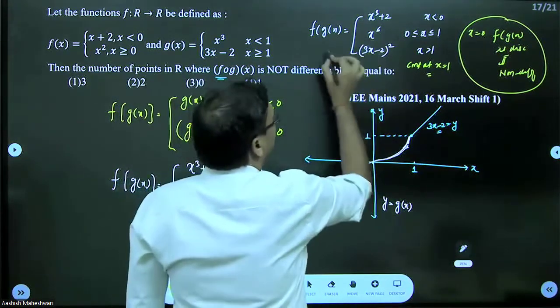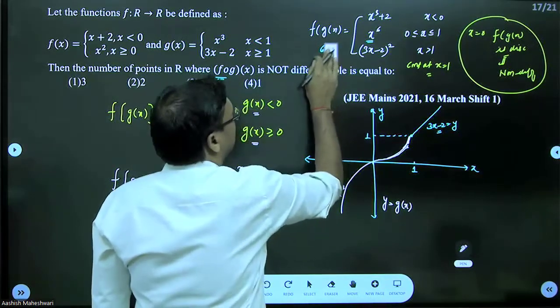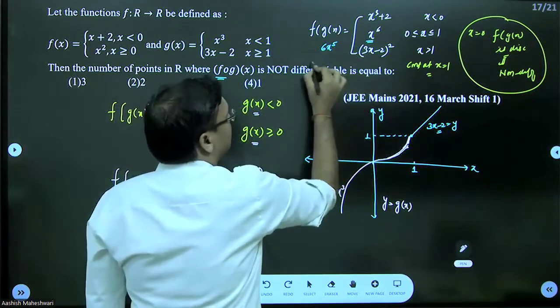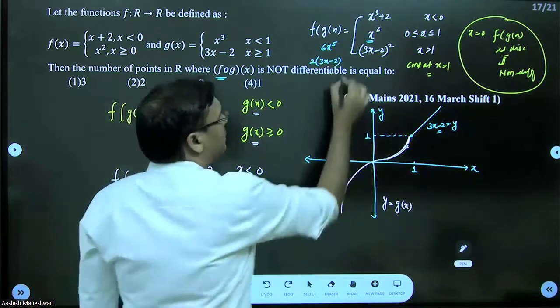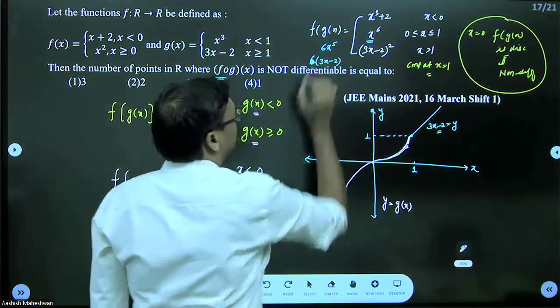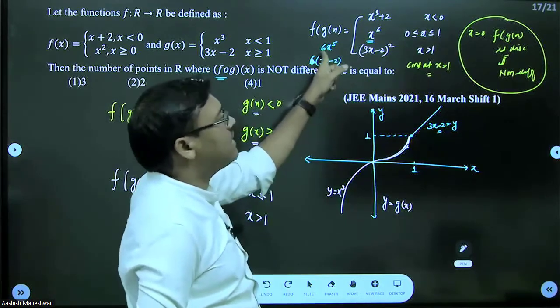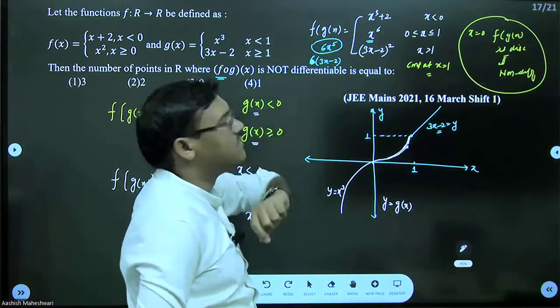How? What is the derivative of this? The derivative of x cube plus 2 is 3x squared, and of x raised to 6 is 6x raised to 5. Now what is the derivative of this? This is 2 into (3x minus 2) into 3, so that means it becomes 6. This is the derivative. Now what is the limit of the derivative at 1 minus? At 1 minus, this is equal to 6. You can check this.